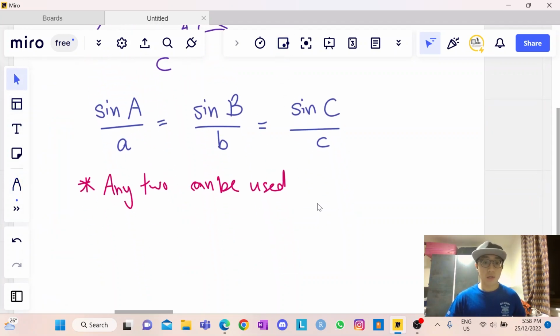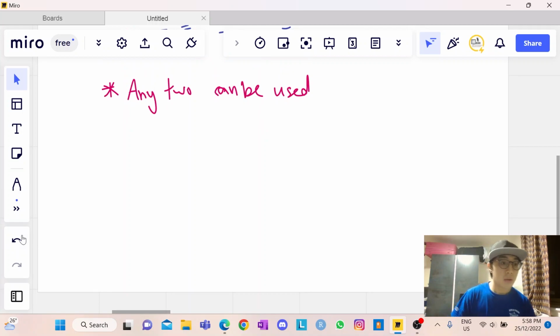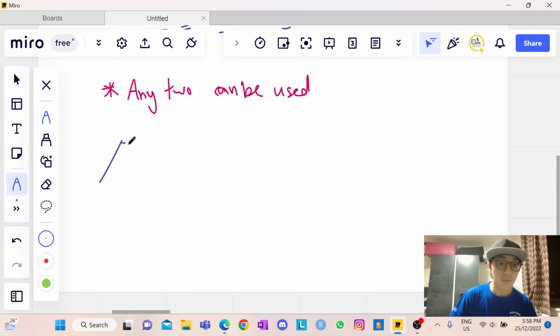Let's look at an example. If I randomly assign values, let's say this is a triangle with sides 3 and 2, and this angle is 25 degrees, and I'm looking for this x right here.